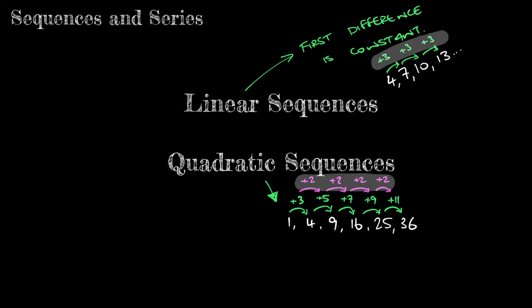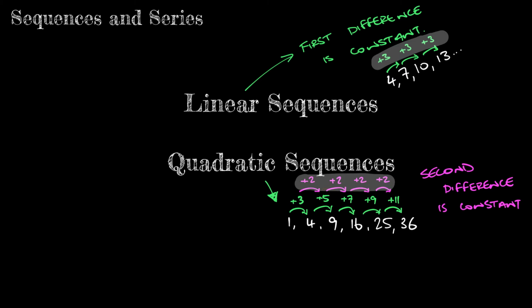And we'll just call that the second difference. So that's the main thing. That's the difference between the two. So if you have a linear sequence, the first difference is constant. If you have a quadratic sequence, the second difference is constant.